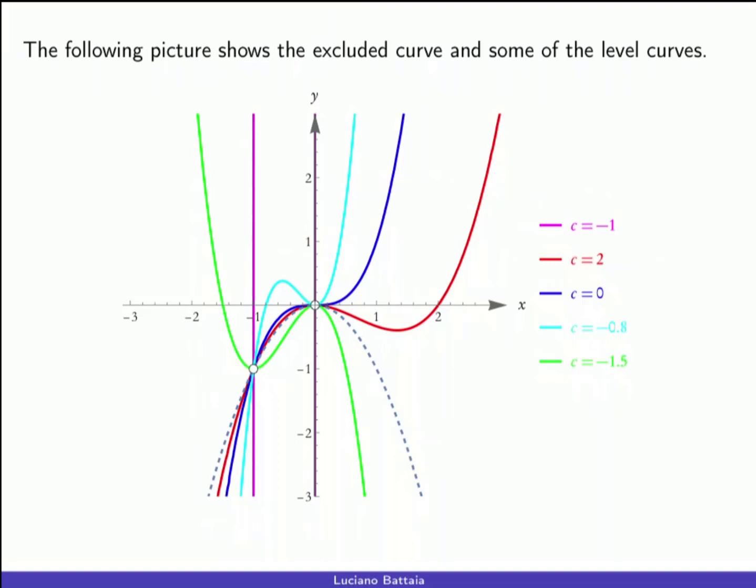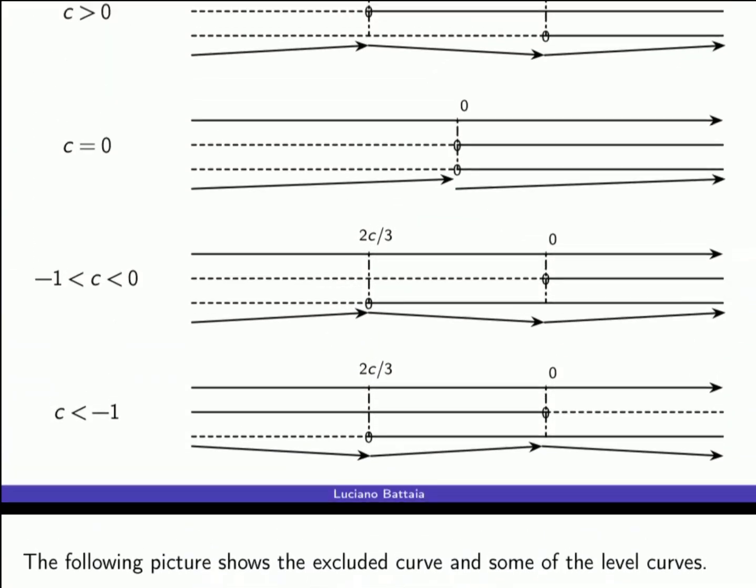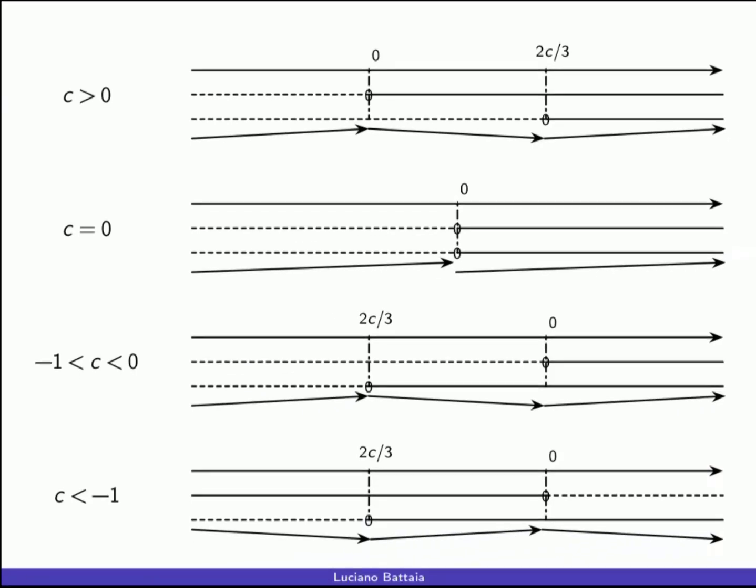Then some curves for c equals 2, 0, minus 0.8 and minus 1.5, with the characteristics represented by these signs of the derivative. In these cases, for instance, we have a maximum here, a minimum here.